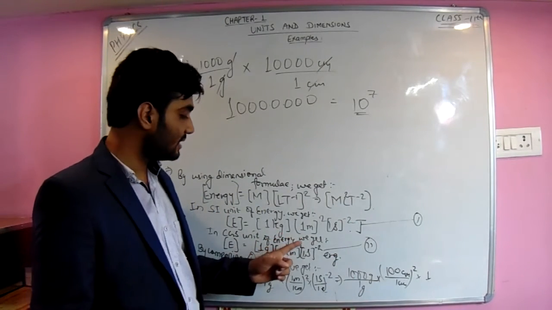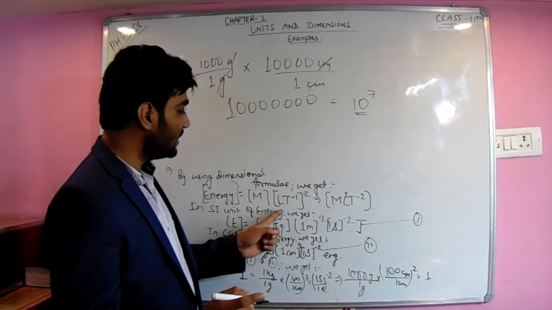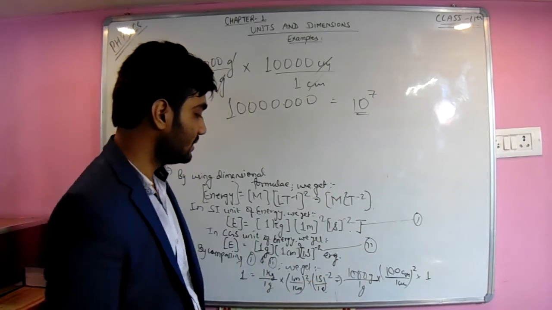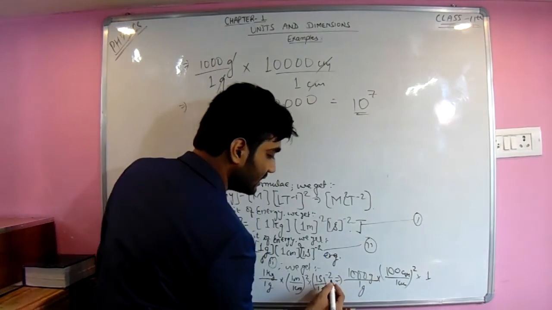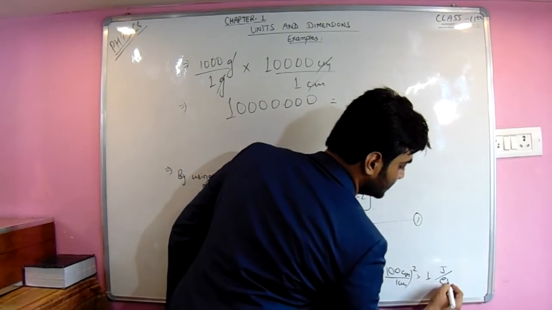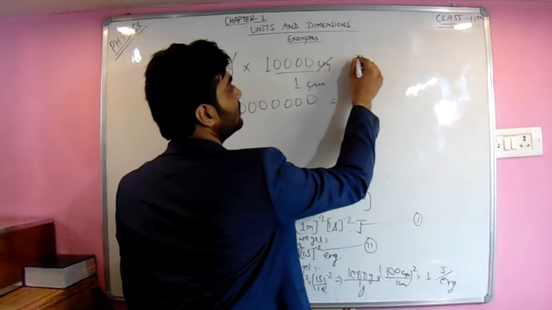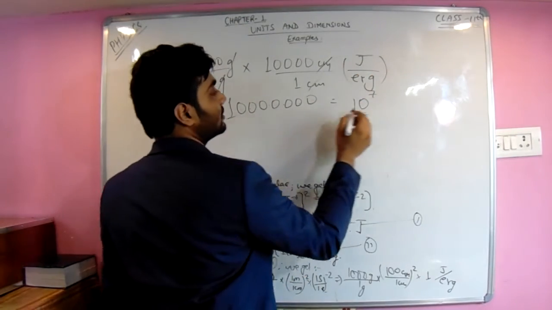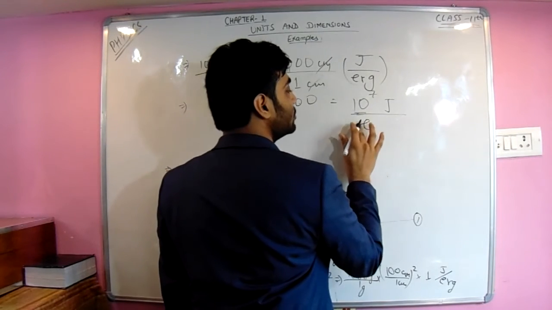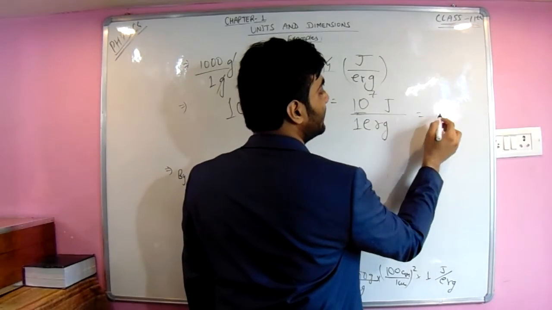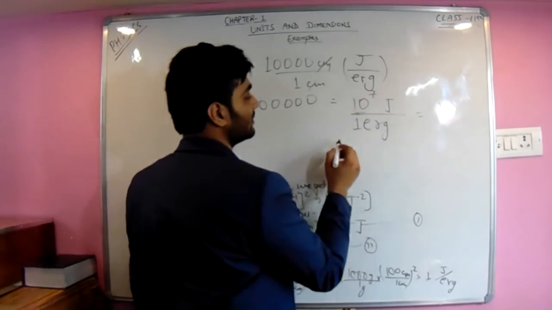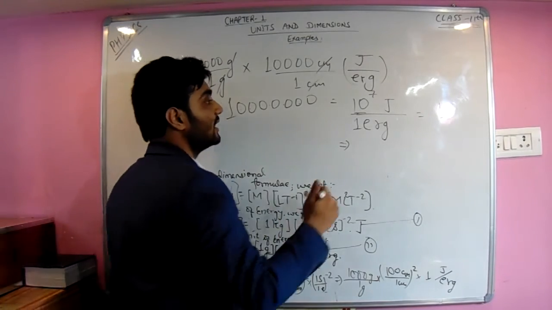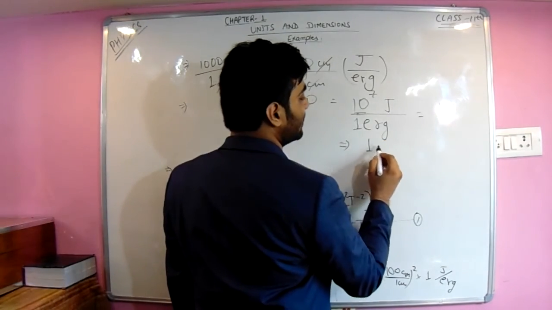Energy in CGS unit has the unit erg, and energy in SI unit has the unit joule. So joule by erg, no change. Here also joule by erg. Joule by 1 erg, and here in RHS 1. Why? E and E, numerator and denominator cancel out to be 1. So 1 erg.